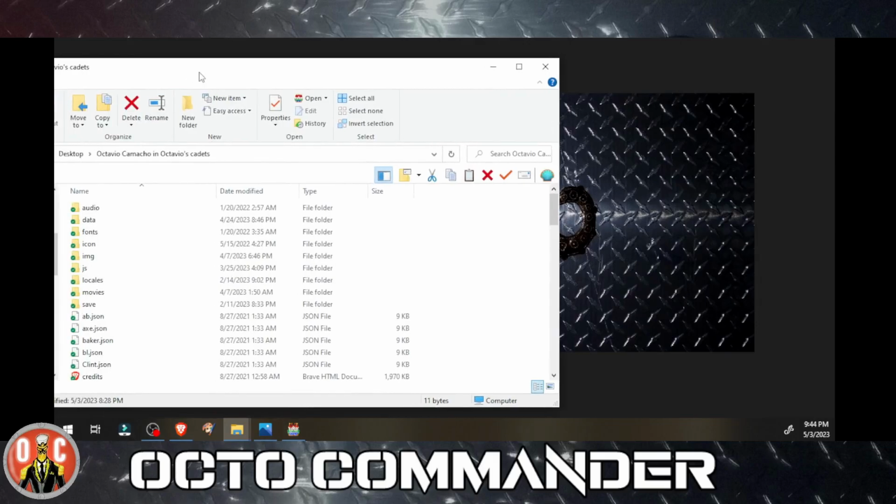This is a file collection of information that the engine, when it's in development, extracts and organizes and places where they're supposed to be. You've got audio, the data, fonts, icons, images, JS files.